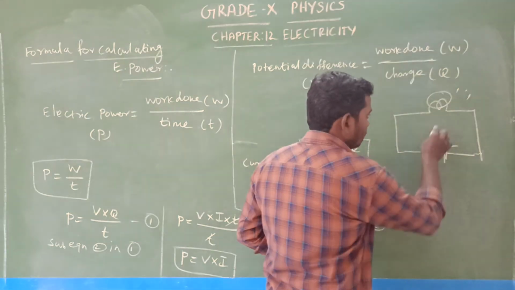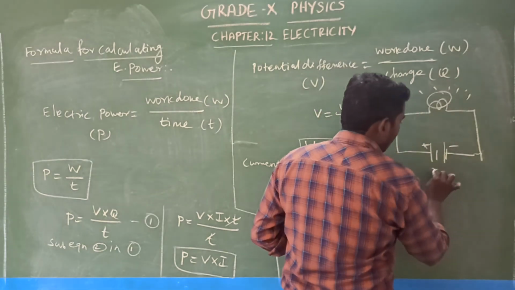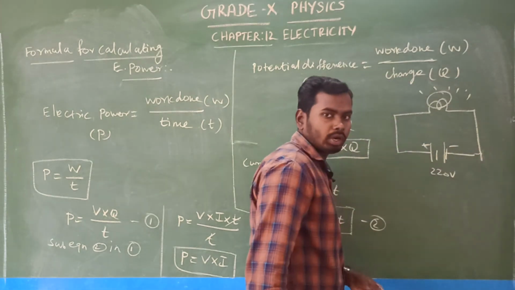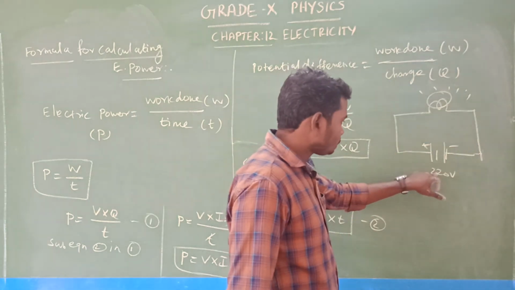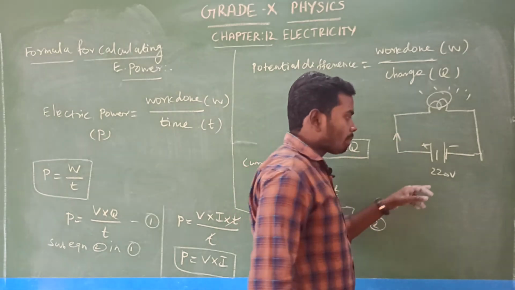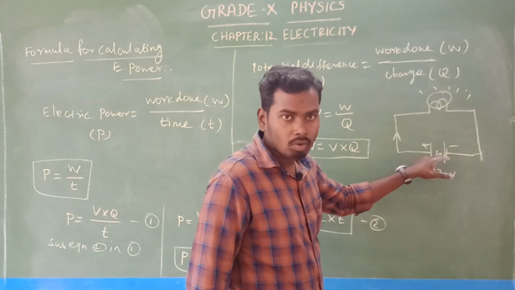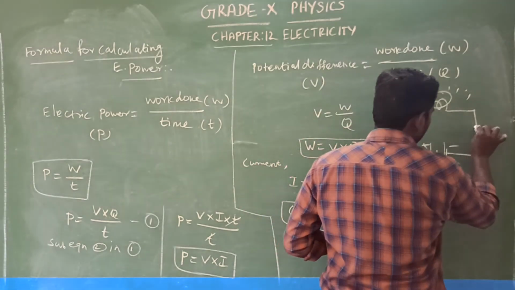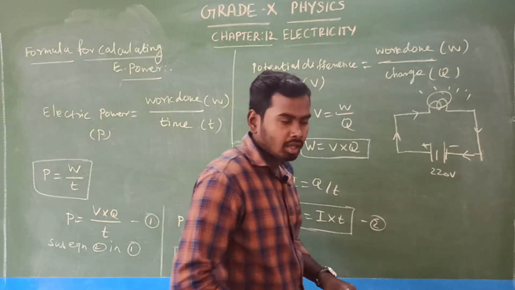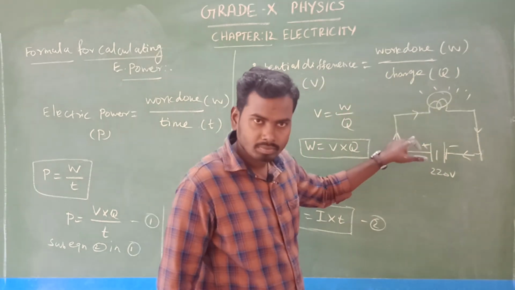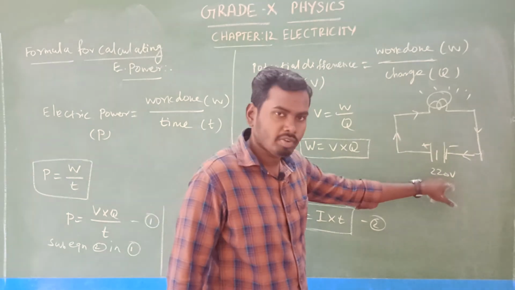We apply a bulb here. We connected the bulb. We apply 220 volt. When we apply the 220 volt potential difference, what will happen? There will be current. Current always flows from positive terminal to negative terminal. The potential difference causes current.